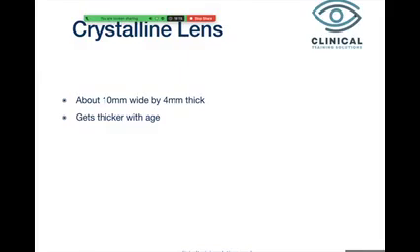So if their lens is already a bit thick, then maybe there's something else going on and the doctor will want to do a few further tests, okay? But if you look at the lens thickness, that's the first thing to note. Is it a normal thickness for the age of the patient?